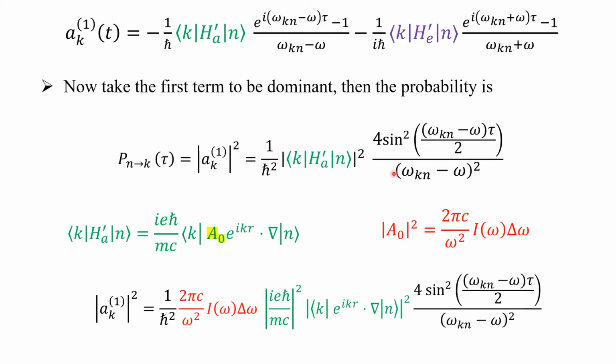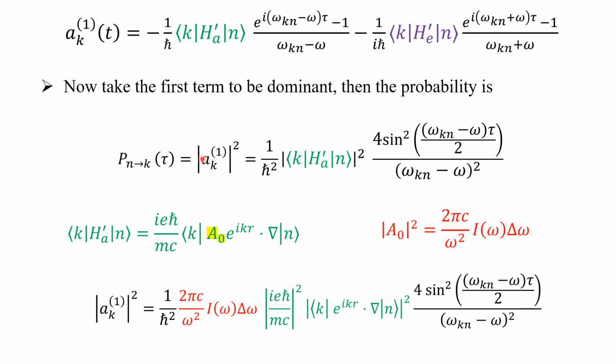If you apply that rule, in place of this exponent term you will get 4 sine squared of (omega_kn minus omega) tau divided by 2, divided by the denominator (omega_kn minus omega) whole square. This is the final probability expression we got.